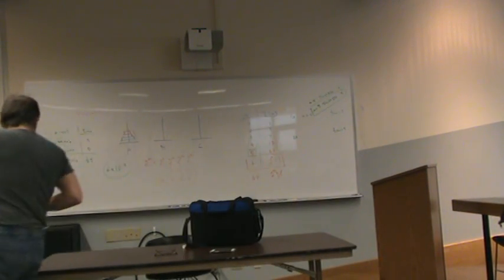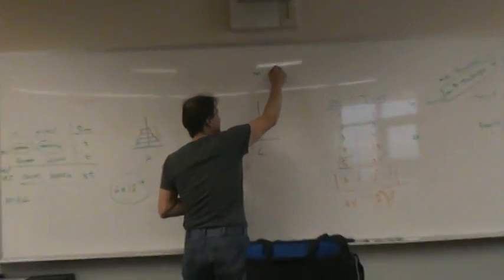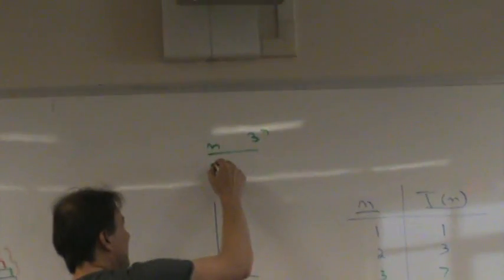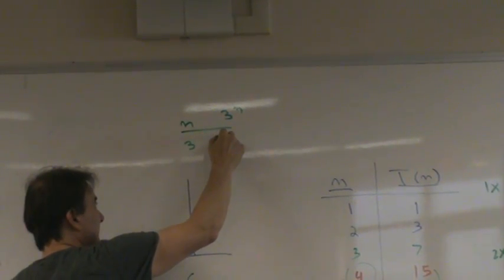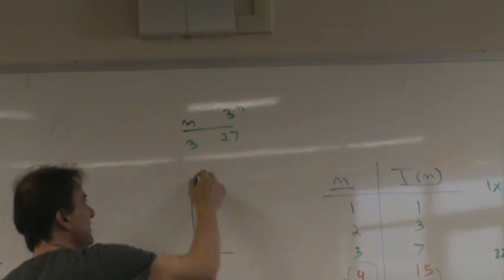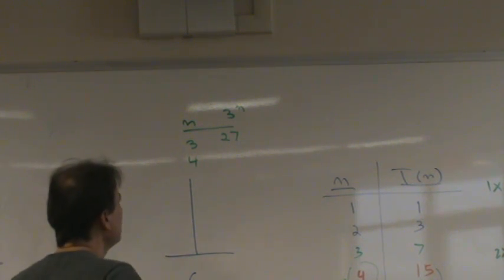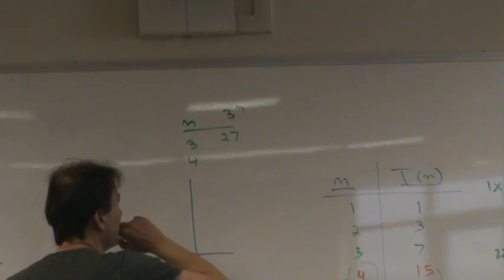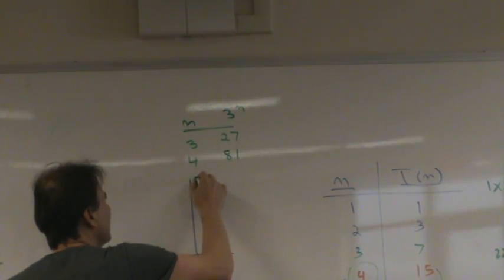Because, this is a little bit different. So if you have here n, and then you have 3 to the n, if you have 3, what's that? 27, right? It gets hard. What's the next one going to be? 3 to the 4th, 81.